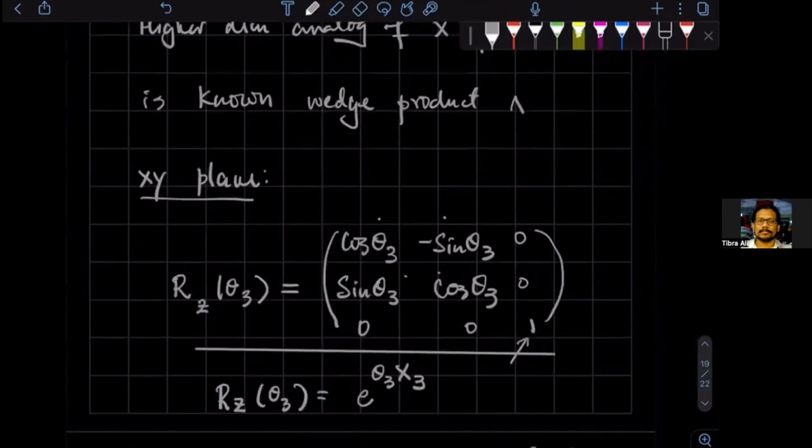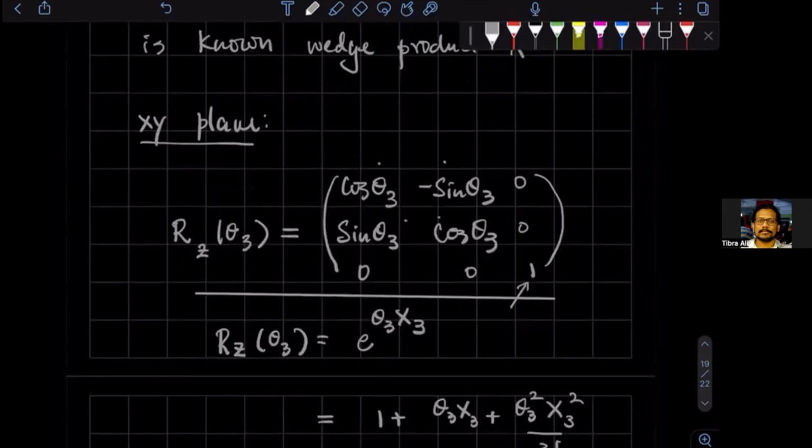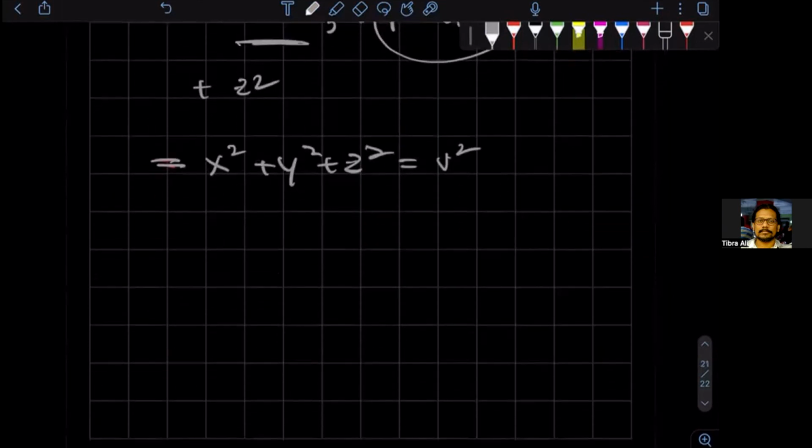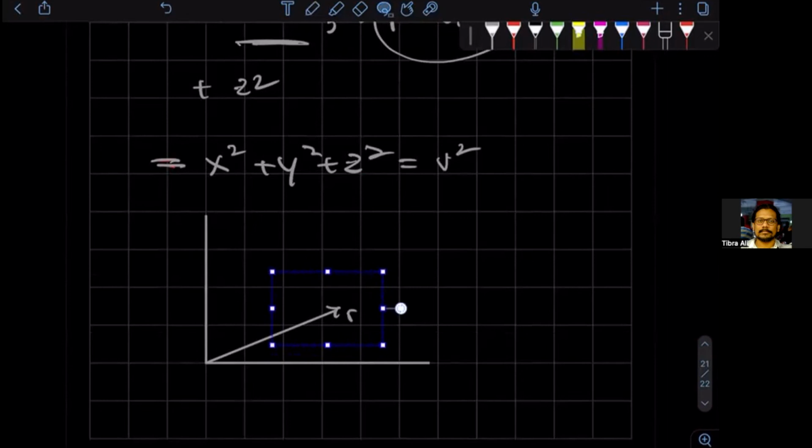So we have verified that this does preserve the length, and you can even do geometry now, right? Say I start with some position vector r, and I rotate it by some angle theta.